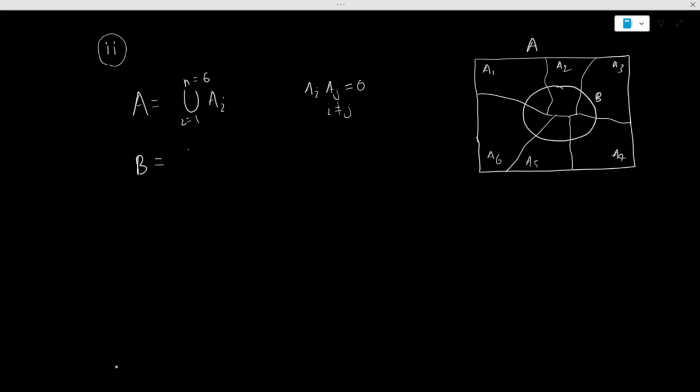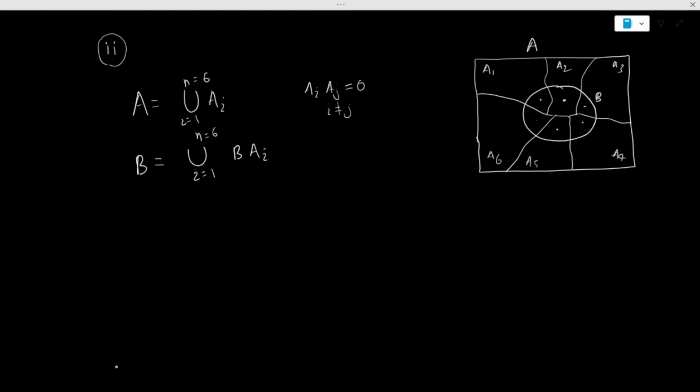Similarly, what is the value of B in this case? We can find B by using the union over i equal to 1 to n, for our example it is 6, of B intersected with Ai. This region is A1 intersection B, and this region A2 intersection B, and so on.